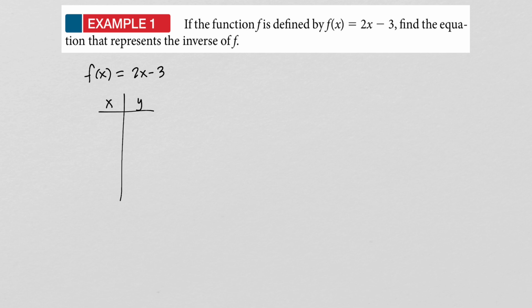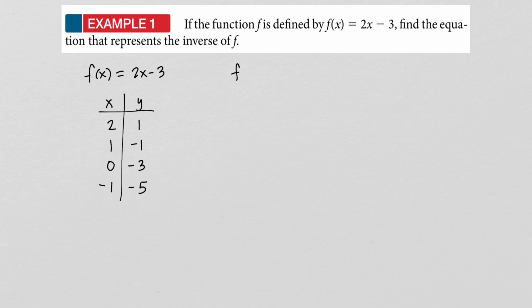For example, x equals 2 gives us y equals 1. If x equals 1, y will be -1. If x equals 0, y will be -3. And if x equals -1, y will be -5.